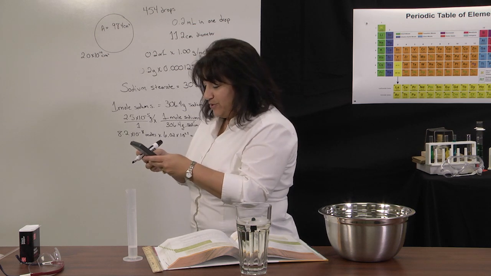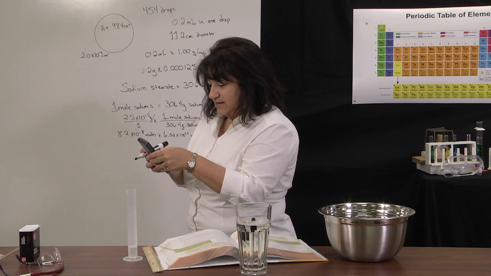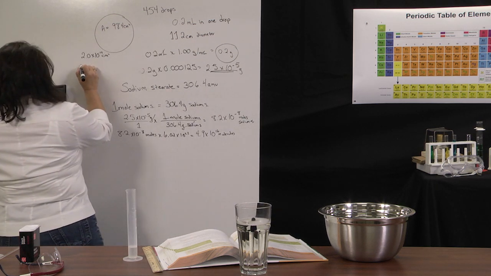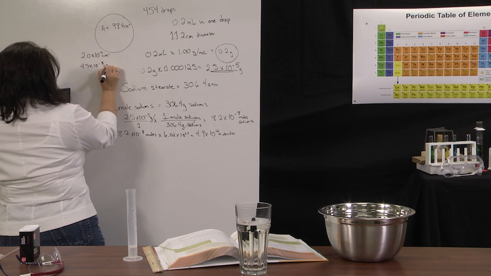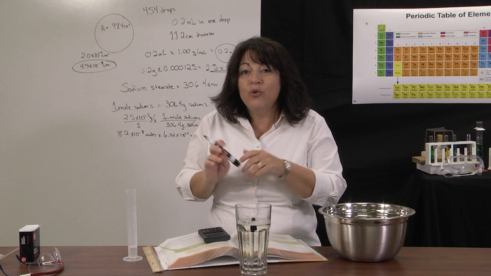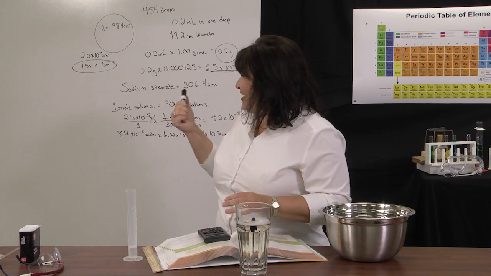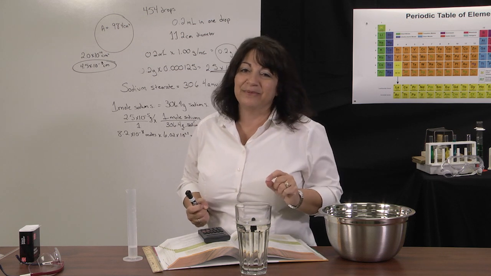So I'm going to take the square root of this, and I get 4.5 times 10 to the negative 8 centimeters. Okay. That's within the range of what we're hoping to find that your text tells us. That's very, very narrow. That's very tiny. In fact, that's tinier than the width of a hair.